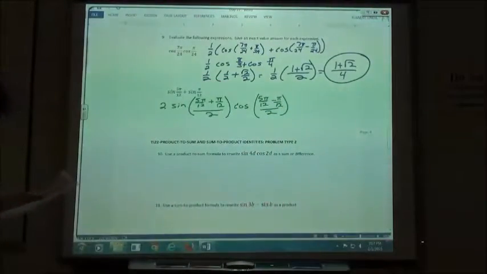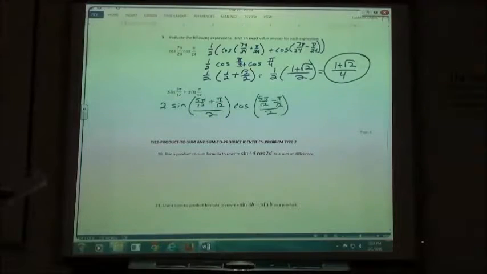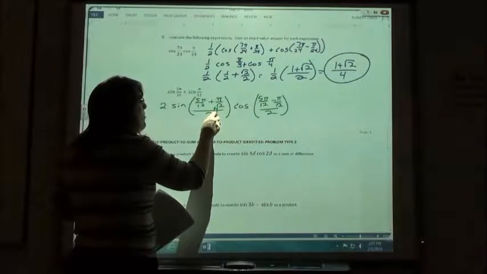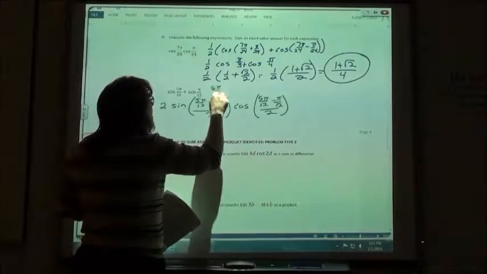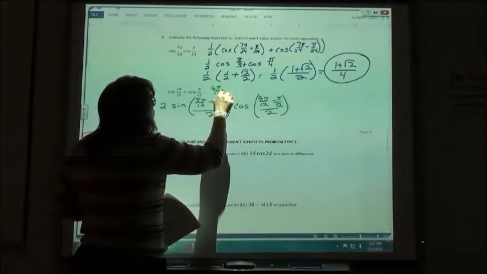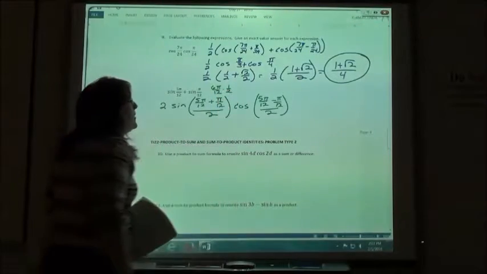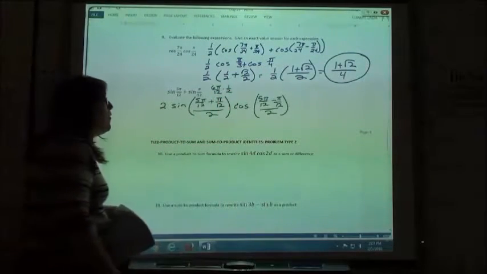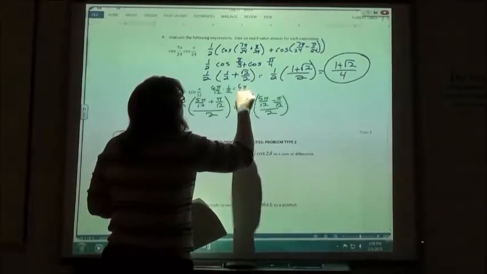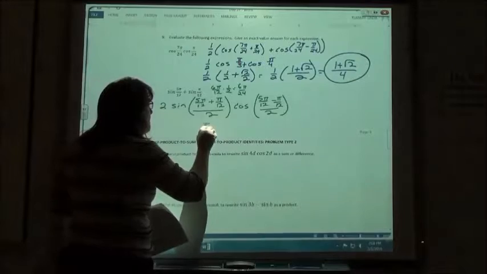So radian measures, we got to mess with those fractions in there. So 5/12 plus 1/12 would be 6/12, or 6 pi over 12. Since it's divided by 2, I can multiply by the reciprocal. So I would get 6 over 24, which reduces down to pi over 4.